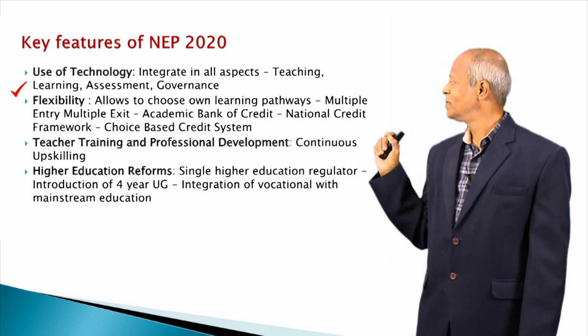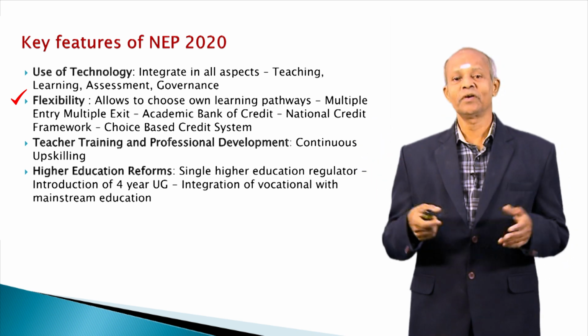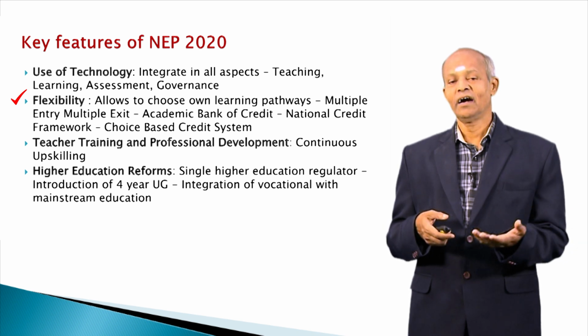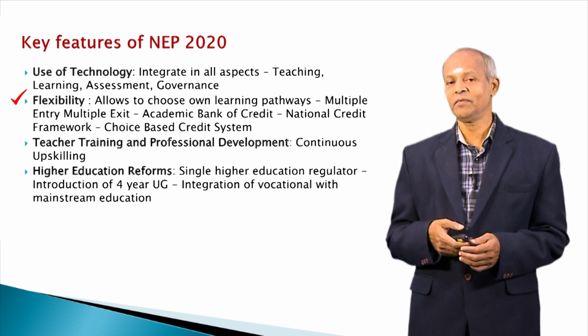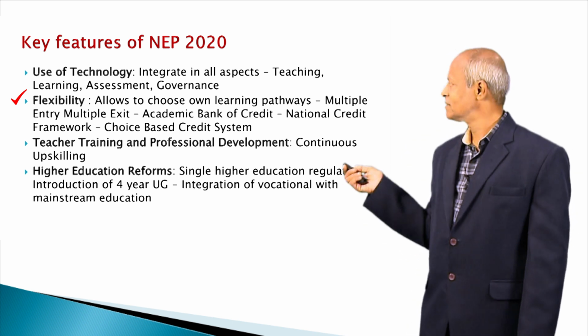And then flexibility, so for flexibility you can choose your own topics and you can enter or exit at any point of time. You can save your credit in the academic bank of credit.